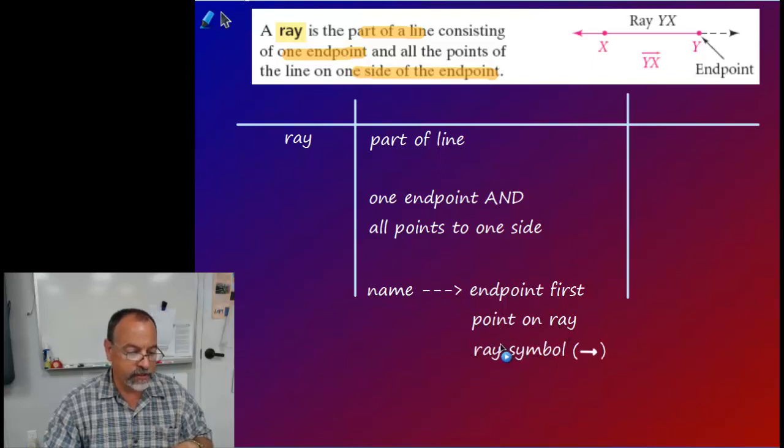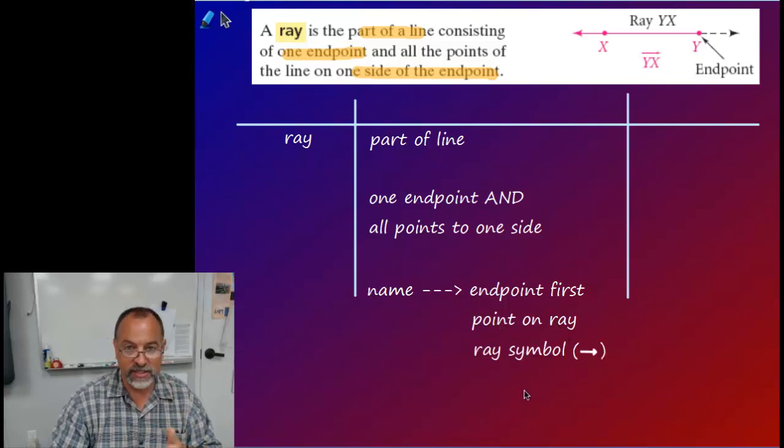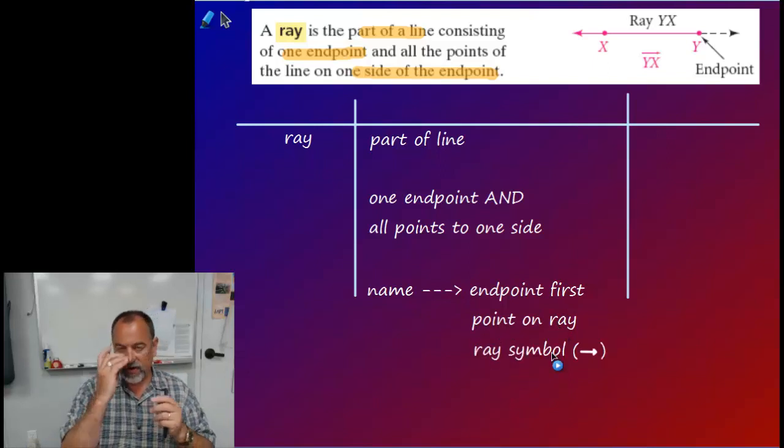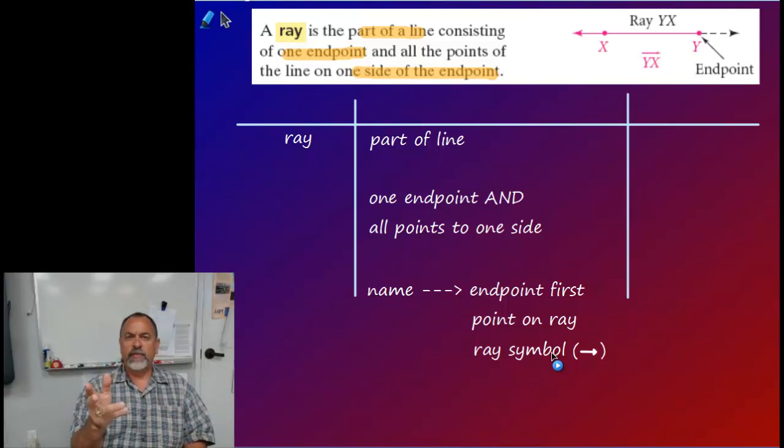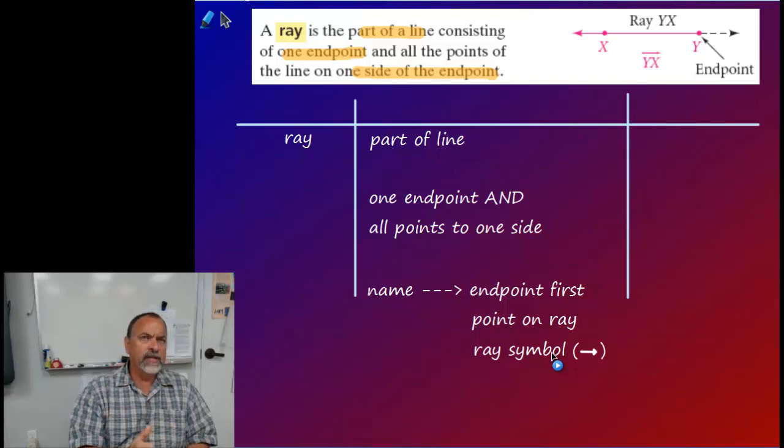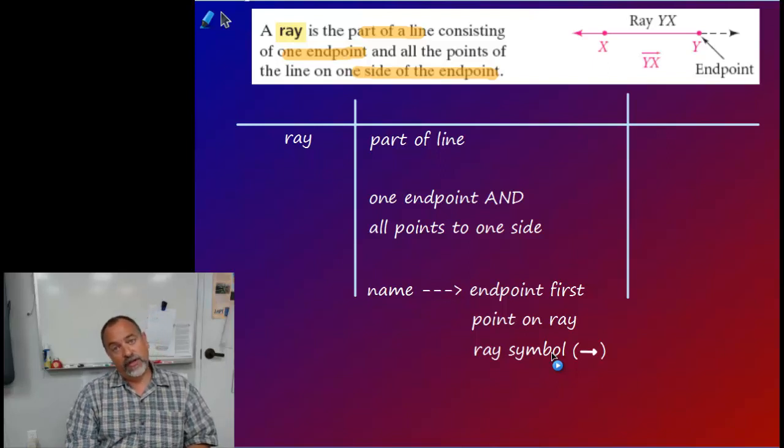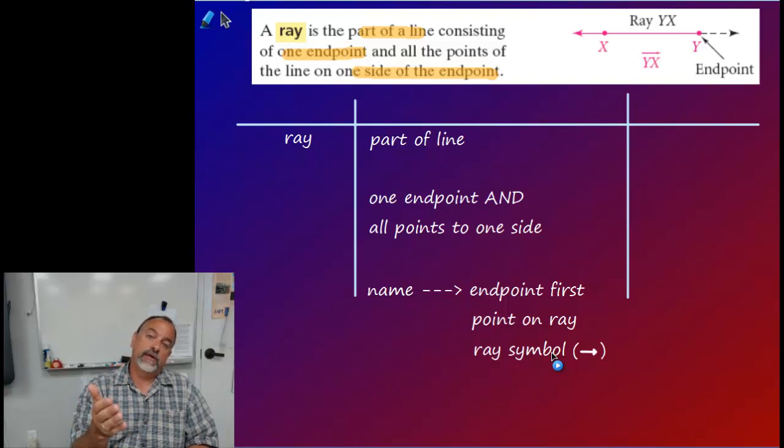The third thing is we use the ray symbol. And again, the symbol is very important here. Because remember, how many letters do we use to name a line? Two. How many letters do we use to name a segment? Two. How many letters do we use to name a ray? Two. So how do you know which one you're talking about?